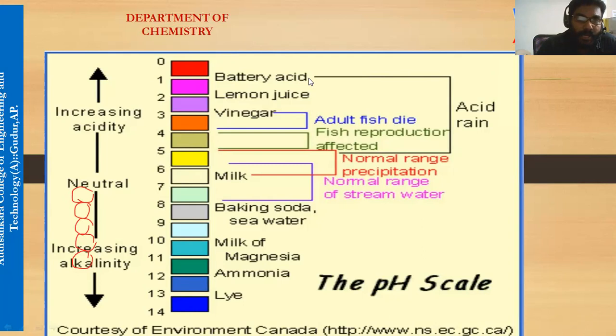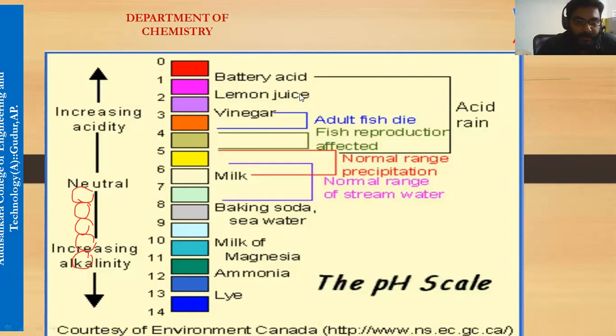Battery acid. Do you know the car battery? About 25% H2SO4 is used in the battery. This solution is in the battery. What is the pH value of this acid? The pH is 1. Then 2.5 is lemon juice. Early in the morning we take lemon juice. Diluted lemon juice is no problem, but concentrated lemon juice causes an acidity problem.